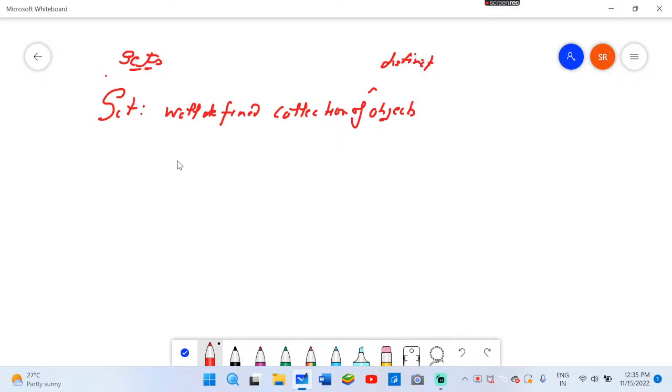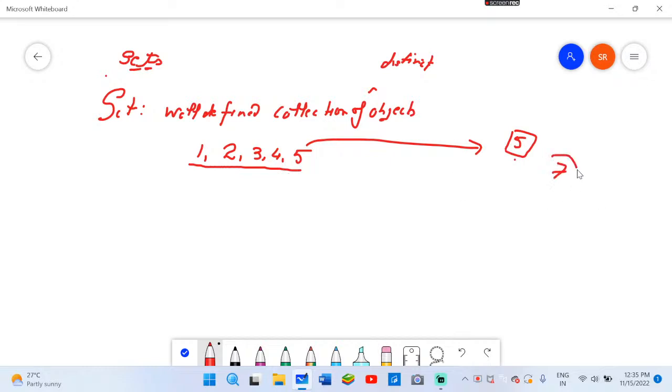See, I take natural numbers from 1 to 5: 1, 2, 3, 4 and 5. All these 5 numbers are different. If I pick up any number, let us say 5, I can state that this number belongs to this collection. I can think of some other number, let us say 7, and I can say that 7 does not belong to this collection.